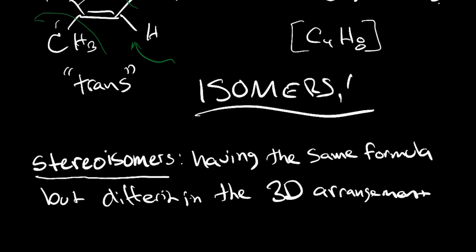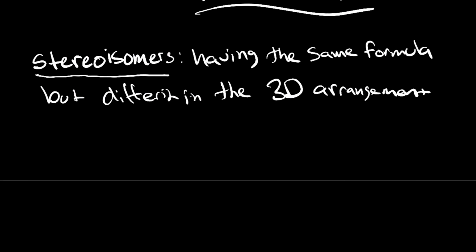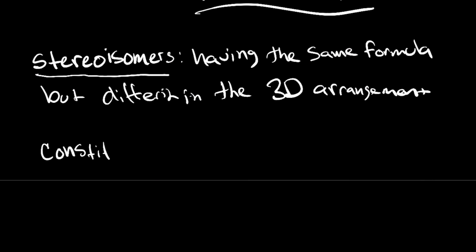Now, you can, of course, have different isomers that are not based on three-dimensionality. For instance, you can have something called constitutional isomers. A constitutional isomer would look something like this.